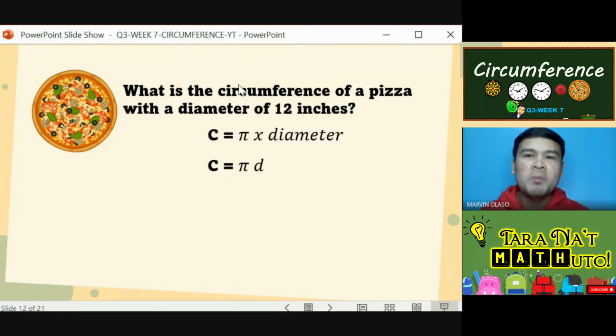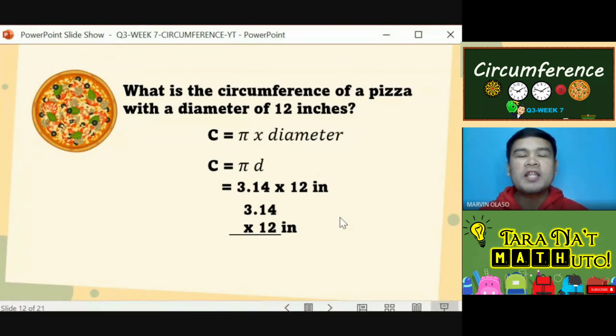Substitute now the value of pi, which is again 3.14 times the value of the diameter, which is 12 inches. Multiply, same as the whole number, 314 times 12. Ignore the decimal point first. So 314 times 2, we have 628. 314 times 1, we have 314.